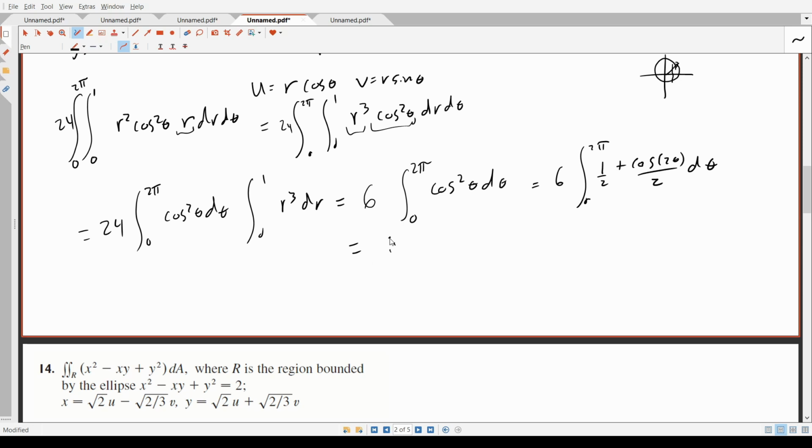So I integrate, I get 6 times (1/2 theta plus sine of 2 theta over 4) from 0 to 2 pi. So we plug this in, and we have 6 times, that's going to be 2 pi over 2, that's going to be pi. Sine of 4 pi is 0. Plug in 0 to either one, we get 0. So that's just this. I get 6 pi.